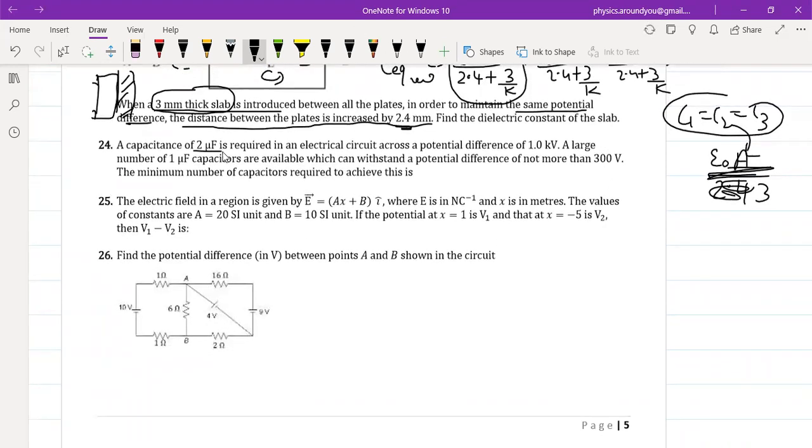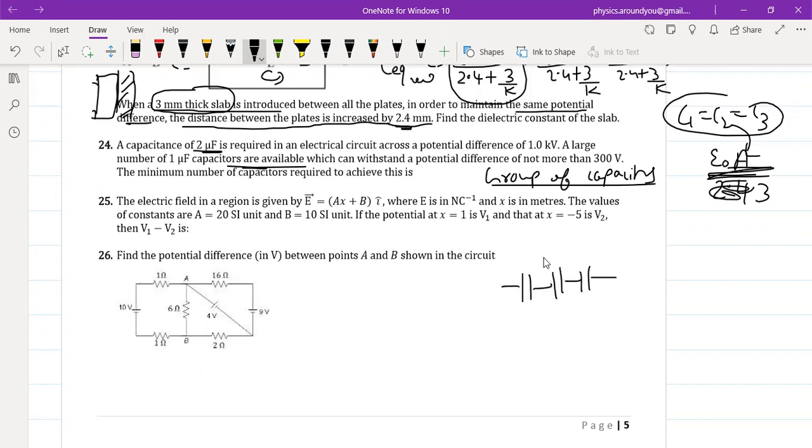Well, such questions have a template where we call this a group of capacitors. How will I address a group of capacitors question? Well, this always goes like this.